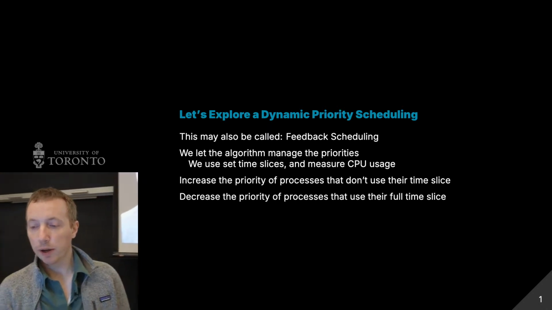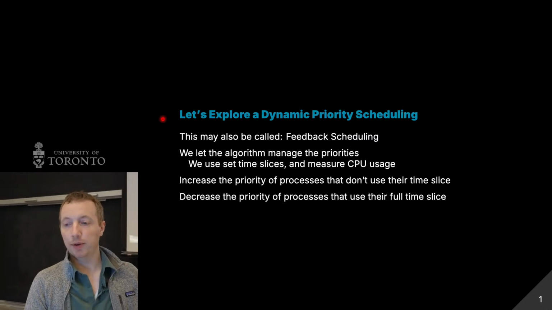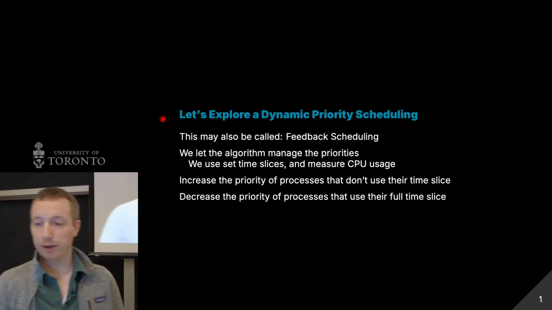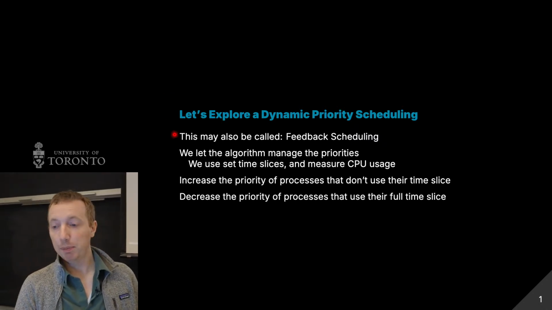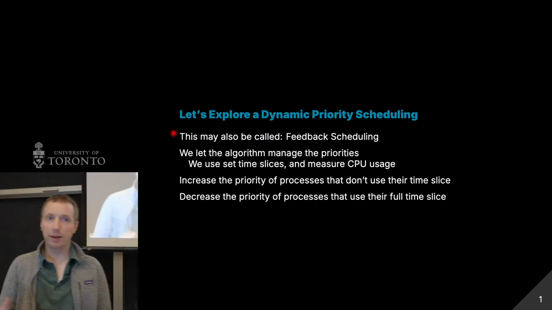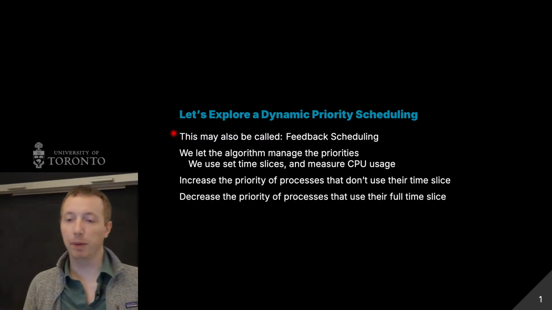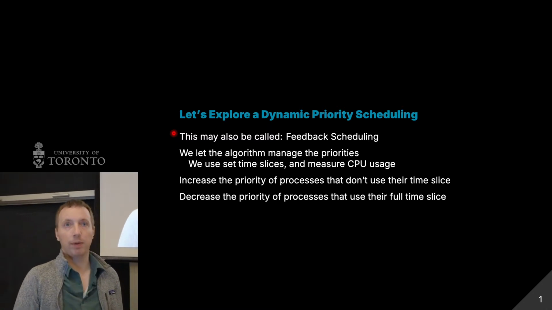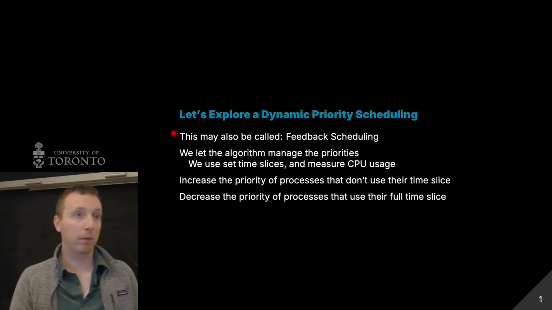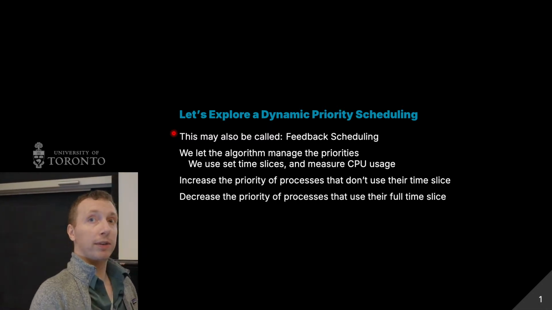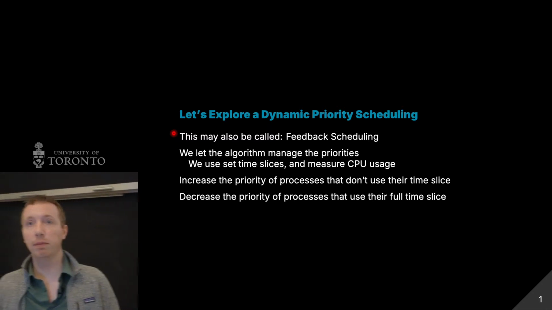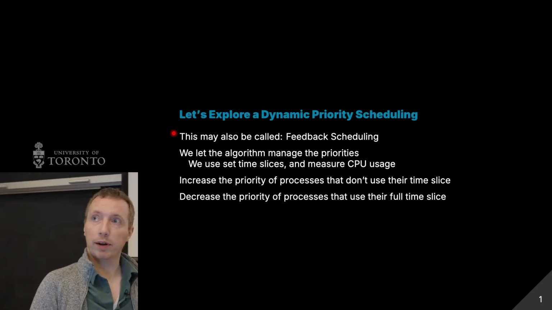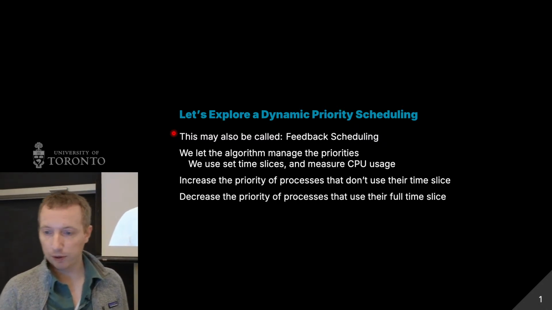One type of priority system you might use is called dynamic priority scheduling, which might also be called feedback scheduling. Basically, this is where we let the algorithm manage priorities in order to avoid starvation. If some low priority process hasn't executed for a very long time, we might give it a higher priority such that it will eventually execute.